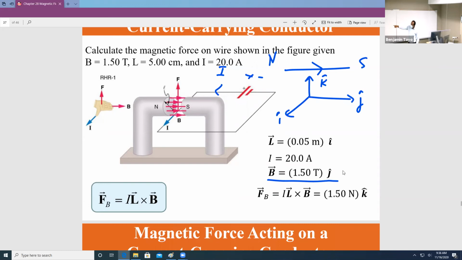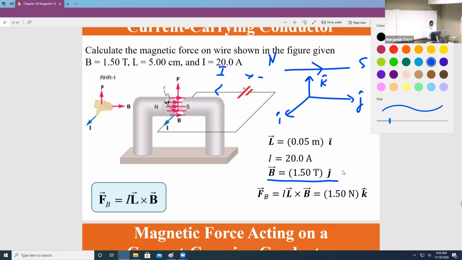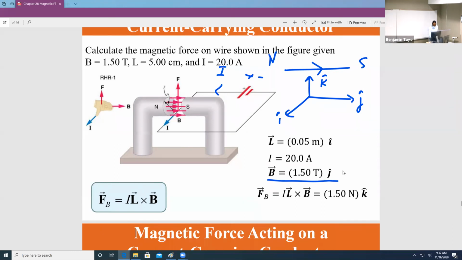So in this example, your current is pointing in the I direction, your J direction is pointing to the right, and your K direction is pointing up. All right. The way I've drawn this, you can think of this circuit as a sheet of paper.